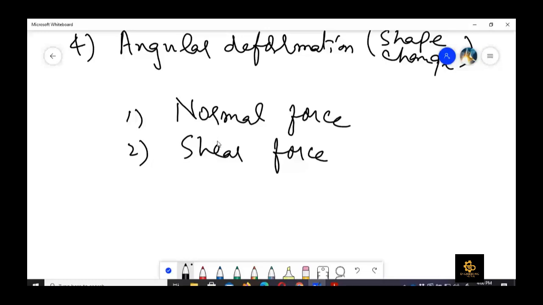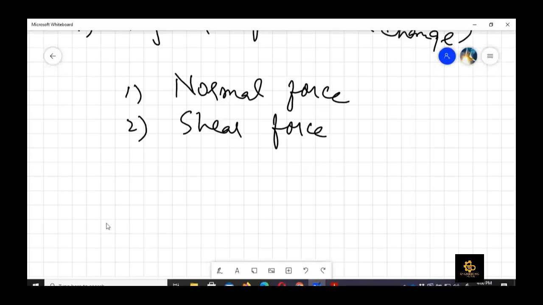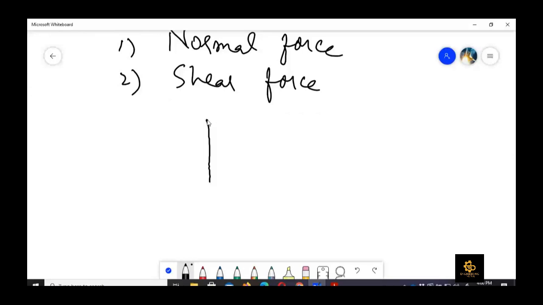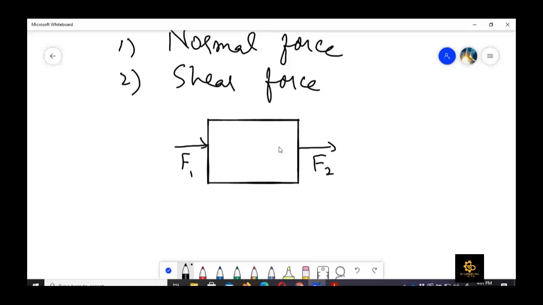Now, if we have an element, let me explain it further. If we have an element and on this axis we have equal forces, it means that F1 is equal to F2. Then it would be translated in the X direction without any deformation.